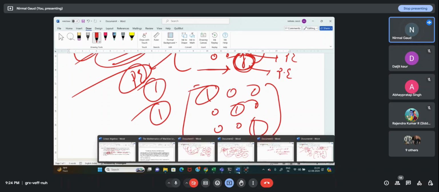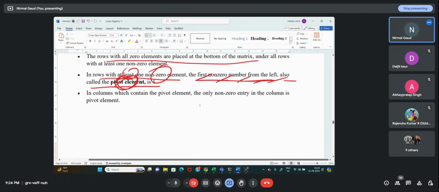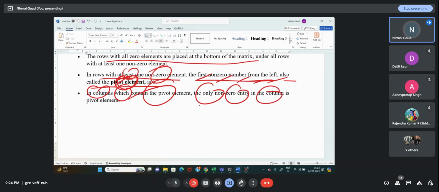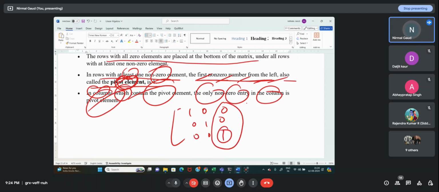Here is another property: in columns which contain the pivot element, the only non-zero entry in the column is the pivot element. In this column, the pivot element is the only entry.